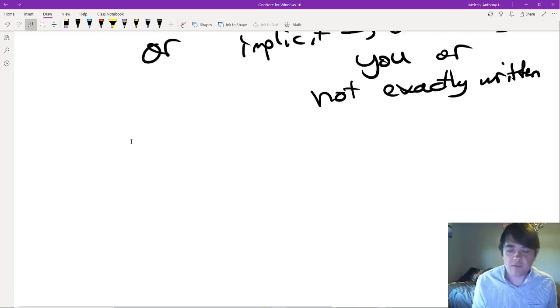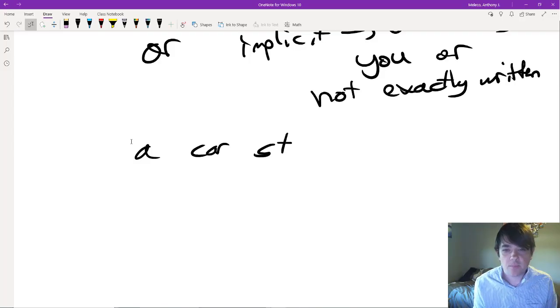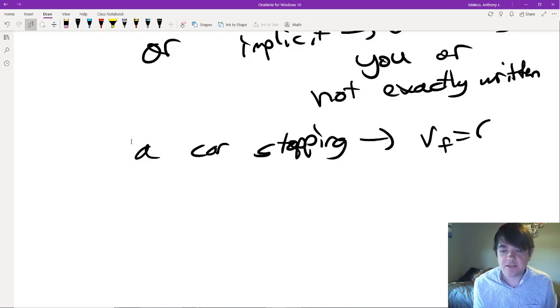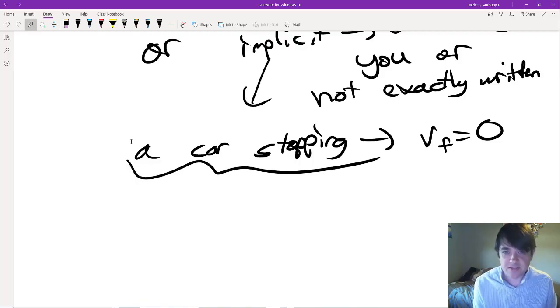So what I mean by this is you'll define something, maybe your initial position, you'll define that at 0, right? And so that value would then be 0. Or it can be something where it's not exactly written, like a car stopping. A car stopping would mean that your final velocity is 0, right? So it doesn't straight up tell you. It's implicit, okay?